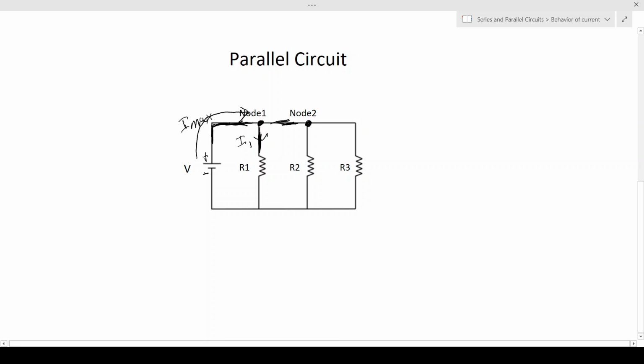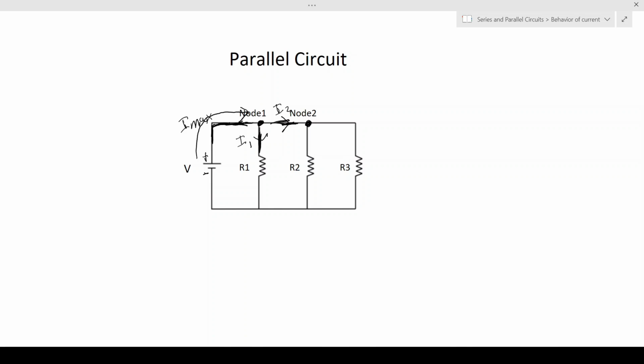And then we have a part of the current that flows to the right side of the circuit, which we'll consider current I2. And this is the difference between a parallel circuit and a series circuit. That difference is the division of current, or current division.